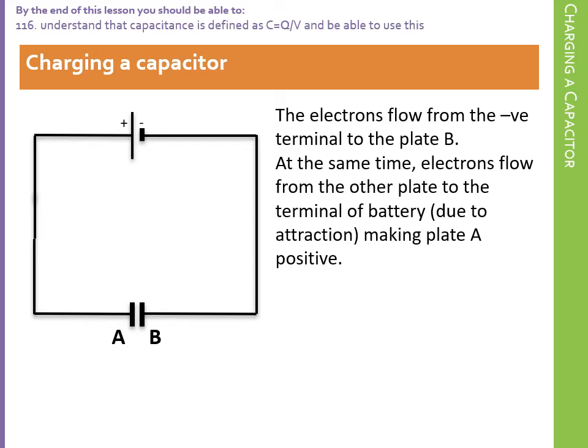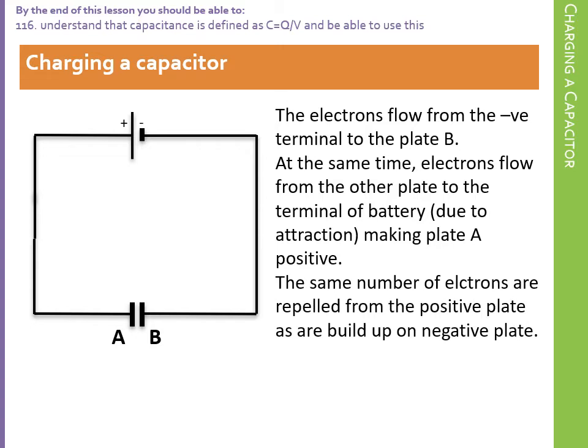There is a little misconception at this point. As we know, when something gains electrons, it becomes negative, and when something loses electrons, it becomes positive. So gaining positive charge doesn't mean it is gaining protons or something else, but it means it is losing electrons. So the electrons from plate A are repelled by the electrons on plate B, and all the electrons are moving towards the positive terminal.